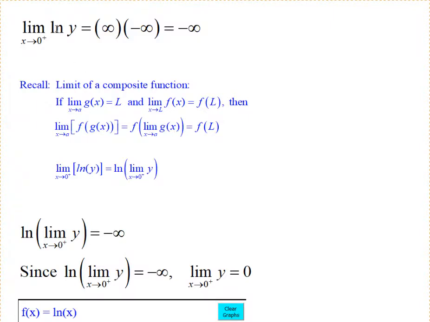And so think of ln as f, think of y as g of x. So we can rewrite the limit of ln of y as ln of the limit of y.